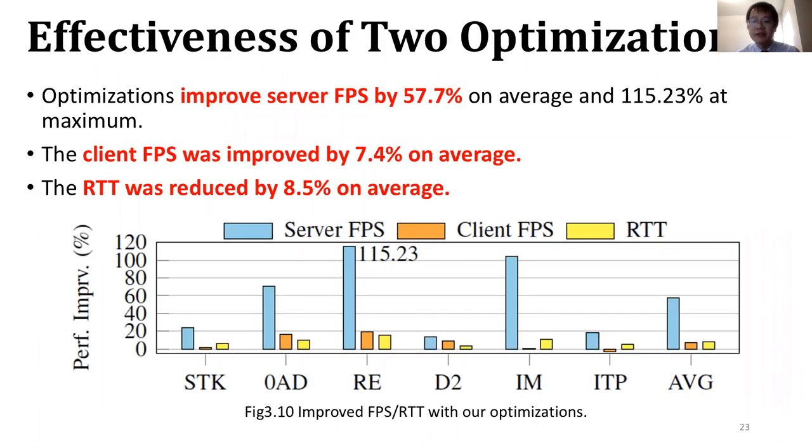From our evaluation, our optimization could improve server FPS by 57% on average and 115% at maximum. The client-side IPS was improved by 7% on average, and the RTT was reduced by 8% on average.